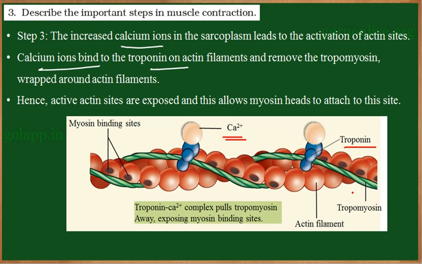It will pull another protein called tropomyosin, which is hiding the myosin binding site. So when this tropomyosin is pulled apart, the myosin binding sites become free. They become exposed so that the myosin can bind to them. So actin sites are exposed, and this allows the myosin heads to attach to the site.